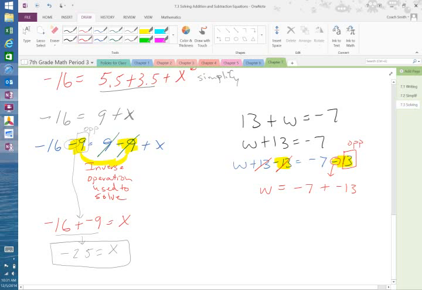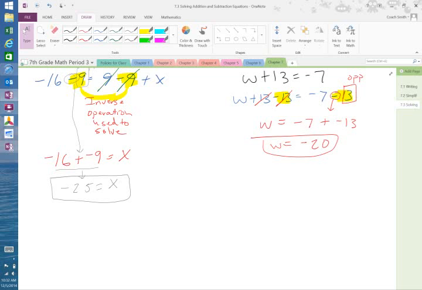When you have two negative numbers, we simply add the two numbers together. 7 plus 13 is 20, and keep the negative sign. So for those of us that can count with 7, we get negative 20. Those of us that make some careless mistakes occasionally, you might get something else. All right.